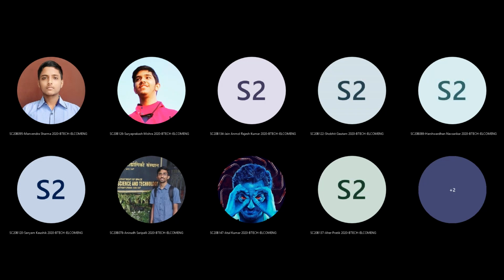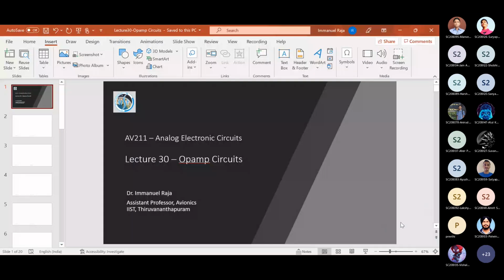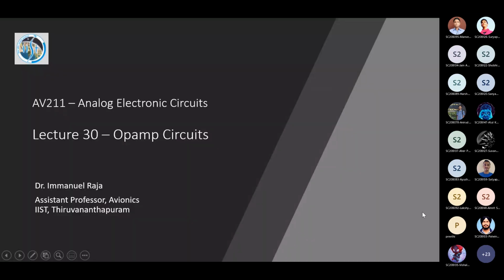Today what I want to do is look at a few circuits. In fact, we have been looking at a few circuits, right? And I will just continue with a few more circuits before we move to the other topics. The thing is, there are thousands of circuits which are built using op amps, and obviously it's not possible for us to go through even a reasonable subset of them.